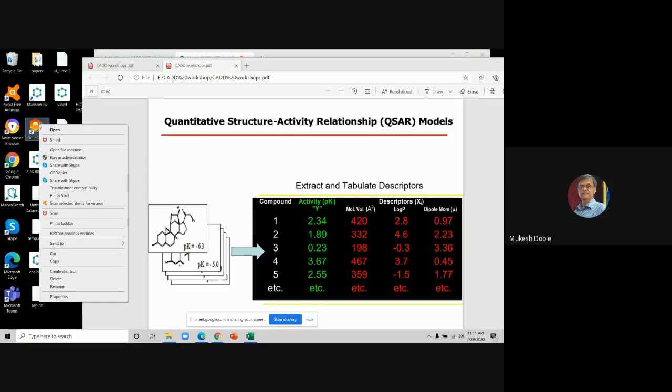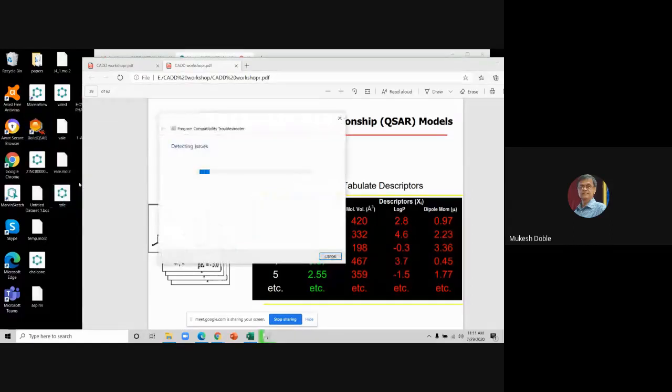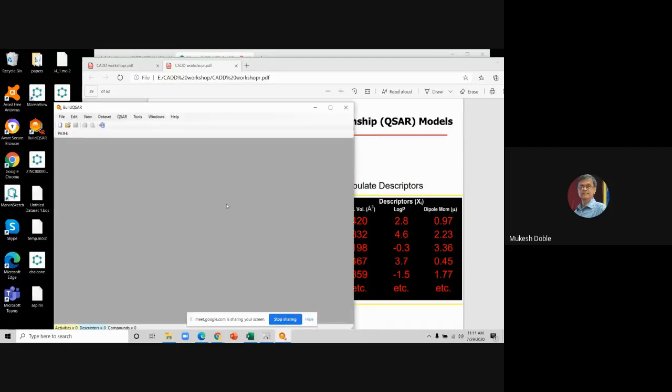I will show you how to do this. Sometimes this software has compatibility problems. But this software also can do one descriptor model, two descriptor model, many descriptor model, and then it can draw graphs, everything. So that's the main advantage.